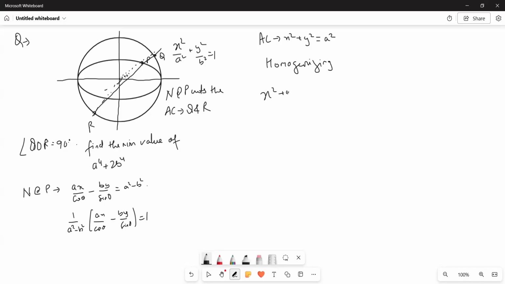We'll get x square plus y square minus a square times this पूरे का whole square. So 1 by a square minus b square whole square into ax by cos theta minus by sin theta whole square is equal to 0.